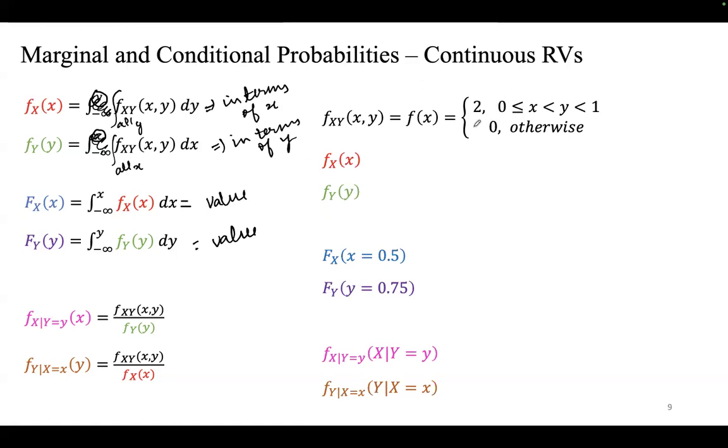So now here you see there is neither x nor y in this expression, right? But it doesn't matter, it's still a probability distribution. The first thing here is f of x, we are integrating over the whole range of y.